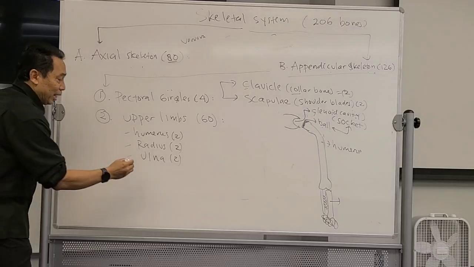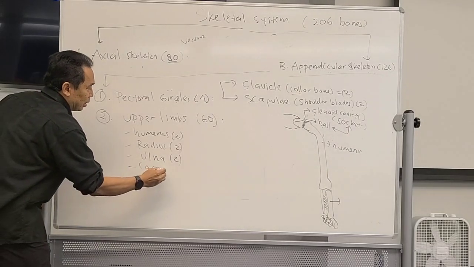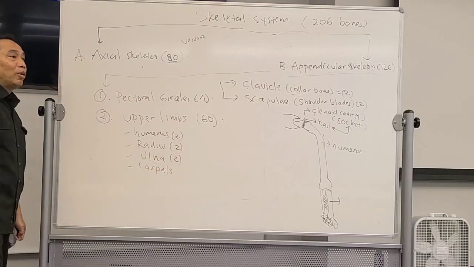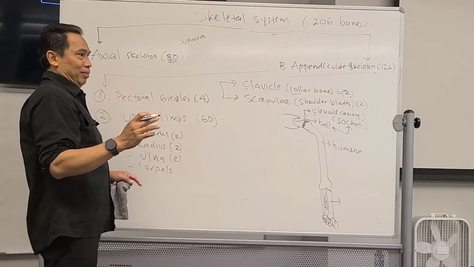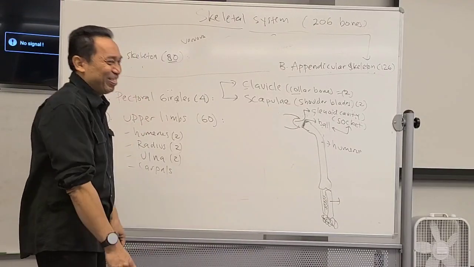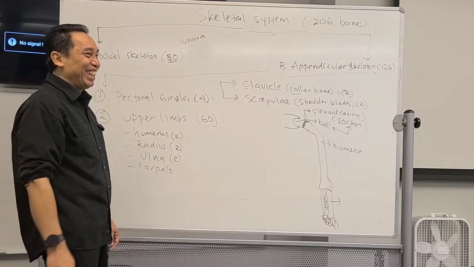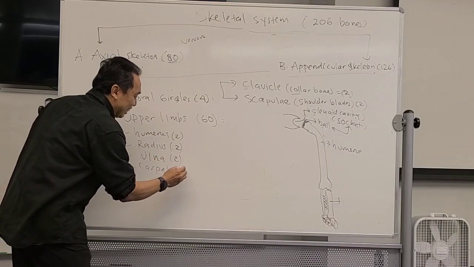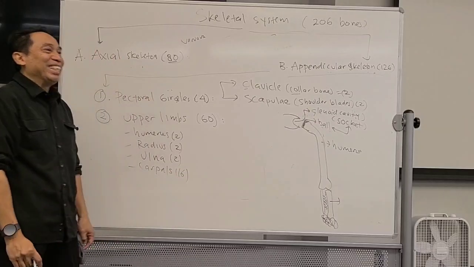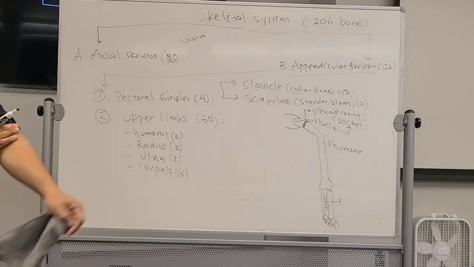Wrist bones, carpals. How many bones? Total is 14, right? Because 8 plus 8. See, I have a problem with my math. It's 16. 8 plus 8 is 16.